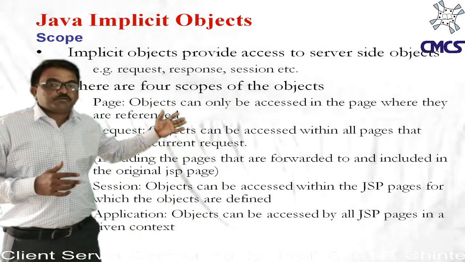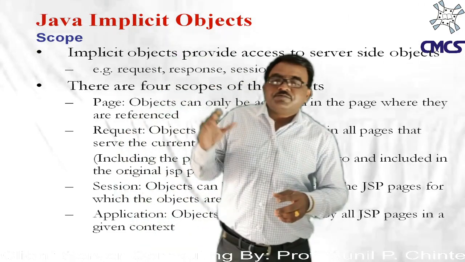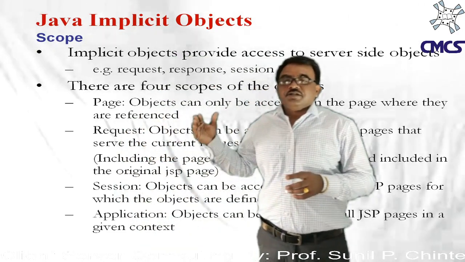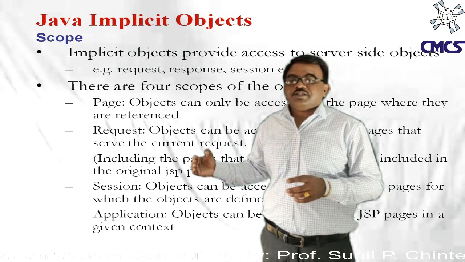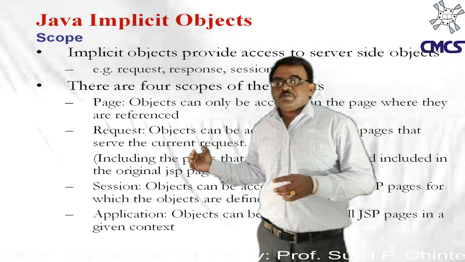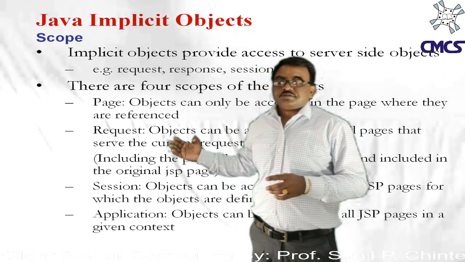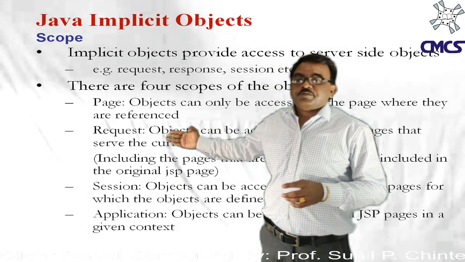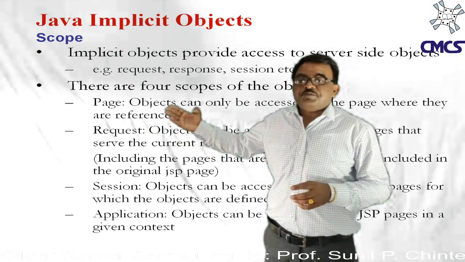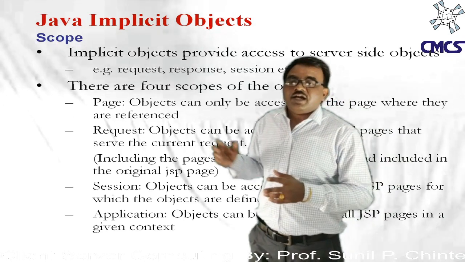There are four types of scope for these objects. Every implicit object has four different scopes, such as page scope, request scope, session scope, and the application scope. The page scope defines that the object can only be accessed in the page where it is referenced.